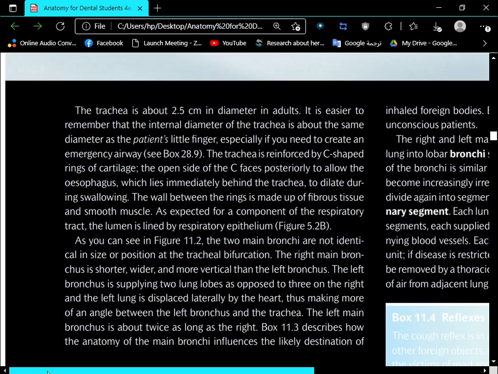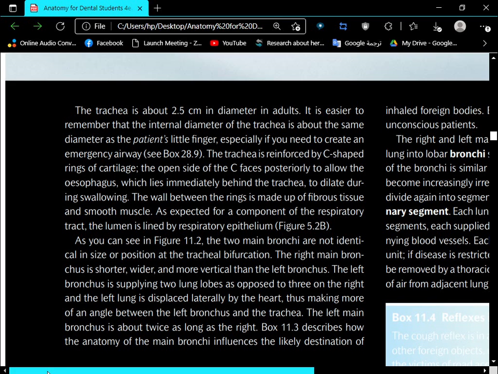As you can see, the two main bronchi are not identical in size or position at the tracheal bifurcation. The right main bronchus is shorter, wider, and more vertical than the left bronchus.